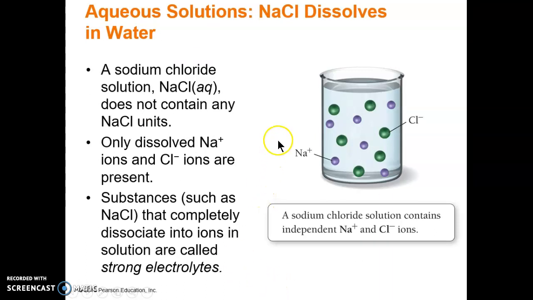So if we look at NaCl here, if you were to drop NaCl in water, it would disassociate into ions and it would be a bunch of Na pluses and Cl minuses. It would disassociate completely in water into its component ions. Now, when you have a solution that disassociates completely in water, so it's soluble in water, that means that it's a strong electrolyte.